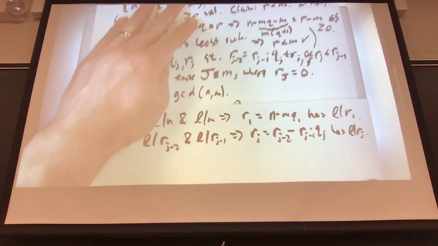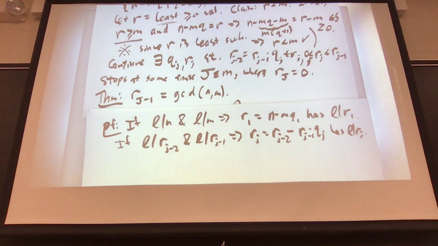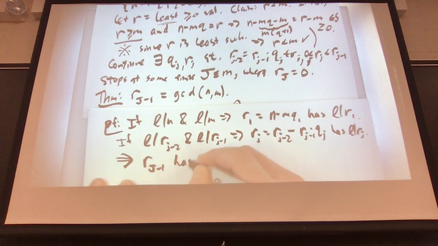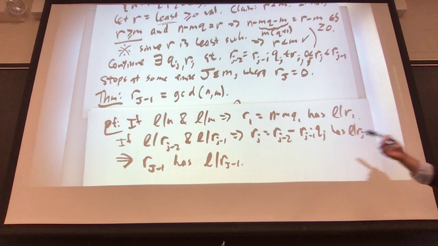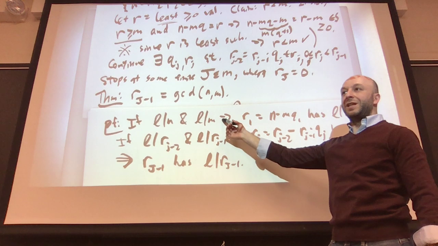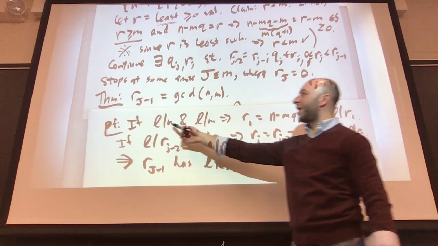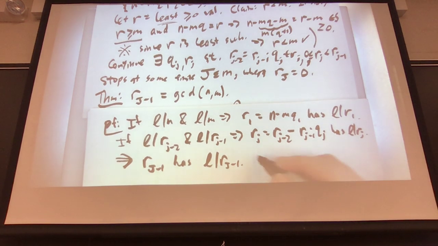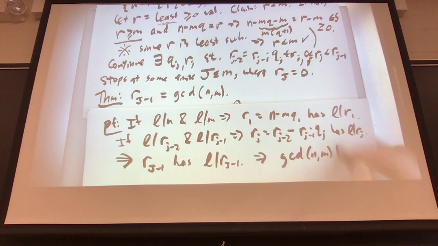And so this last one, when we stop, r_(j-1), has L dividing it. That's true for any common divisor L of n and m, so it's true for the GCD. The greatest common divisor of n and m will also divide, which implies the GCD of n and m divides r_(j-1).